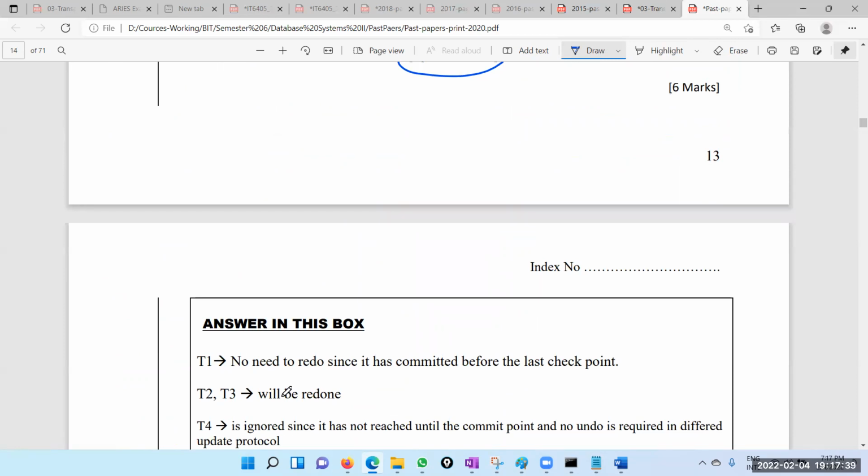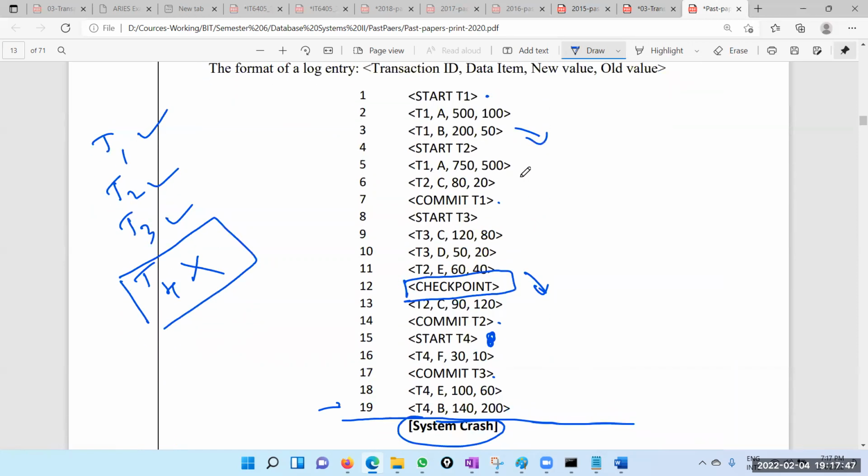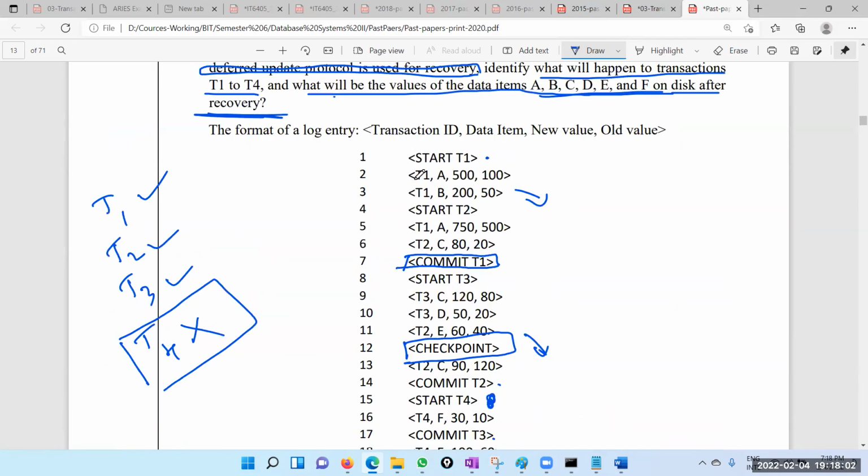So they have expected a little bit more detail. Transaction T1 commits here. So you don't have to redo. Now remember, we have to redo, but no undo in deferred update.